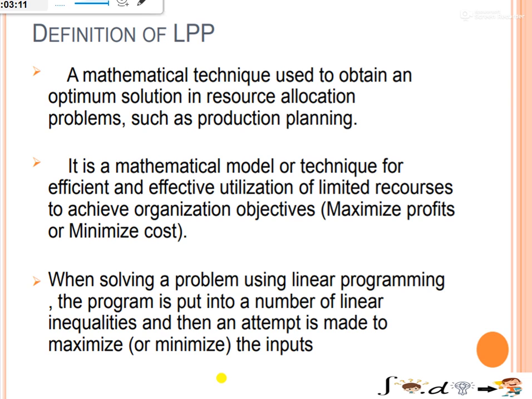That means we want to maximize the profit and minimize the cost. And when solving a problem using linear programming, the problem is put into a number of linear inequalities. Then an attempt to maximize or minimize the inputs.